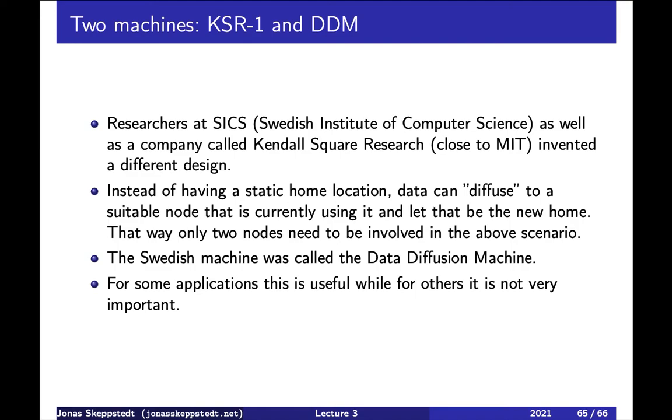Okay, and the other machine was a project at the Swedish Institute of Computer Science. So in these 2 machines, there was a competition between these, and actually none of them became commercial successes, but the data diffusion machine was a very interesting research project.